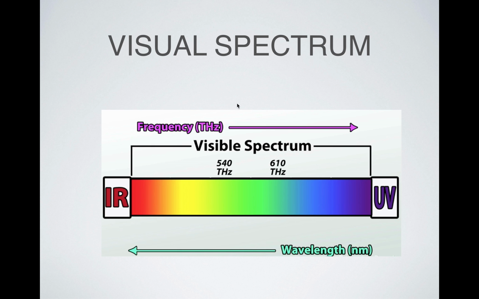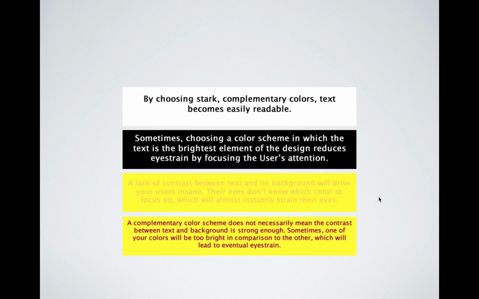Green colored light lives between 540 and 610 terahertz. For red, the frequencies are a bit lower. For violet, they are higher. But this is pretty interesting to me.